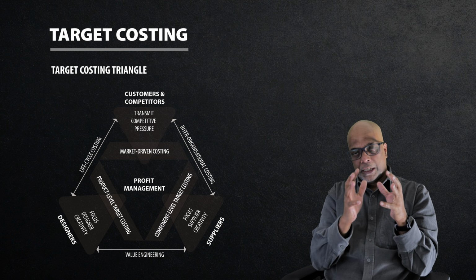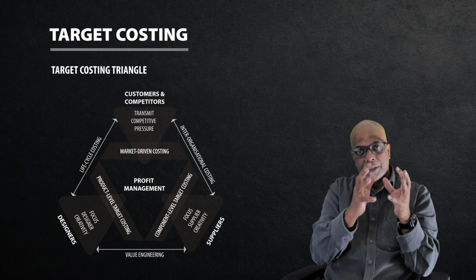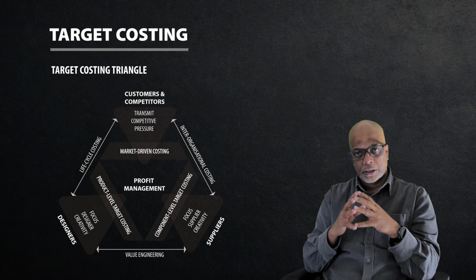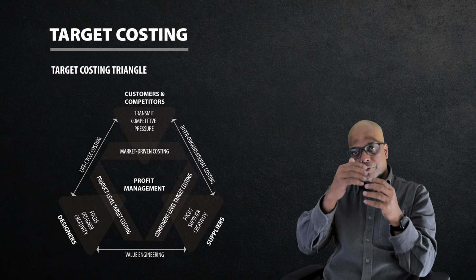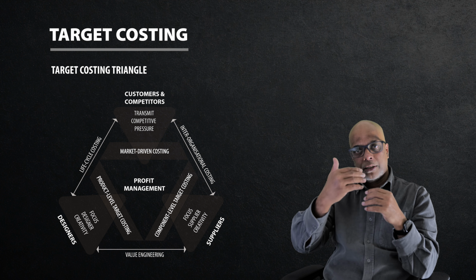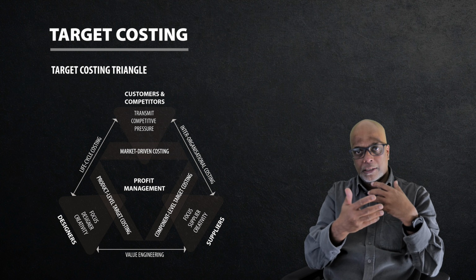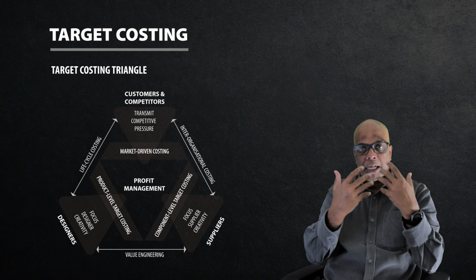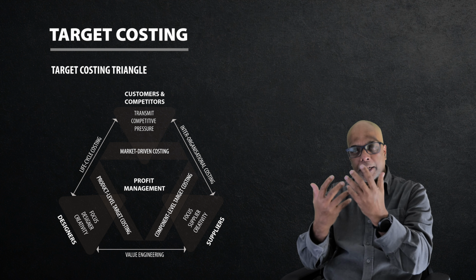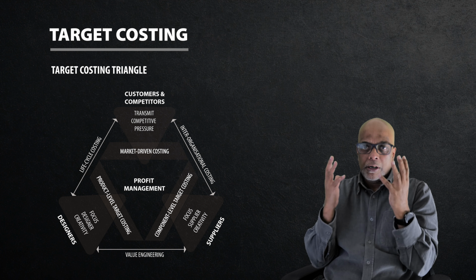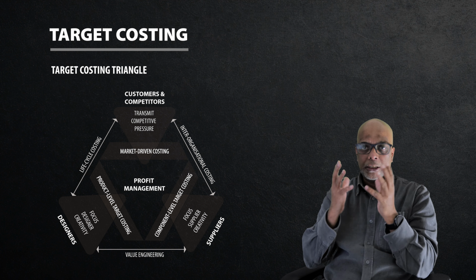And then second one is designer directed target costing. So that's where we do the target costing in relation to the designing process of the product.